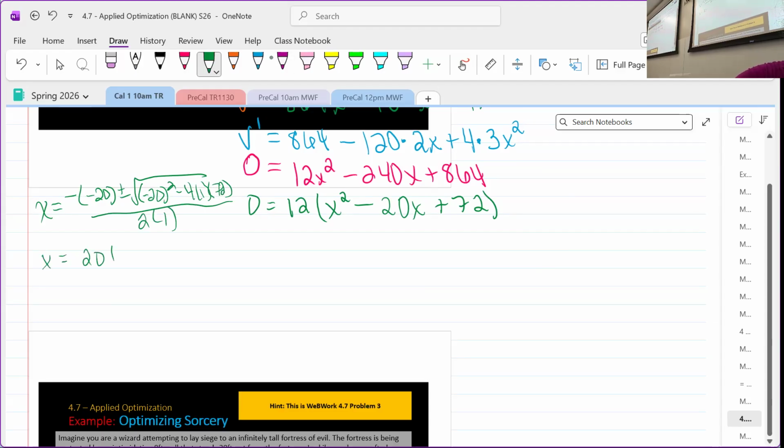So we have 20 plus or minus, let's see what we get. 20 times 20 minus 4 times 1 times 72. Yep, it's an ugly number. All right, so glad I didn't spend too long trying to factor that because it did not factor.